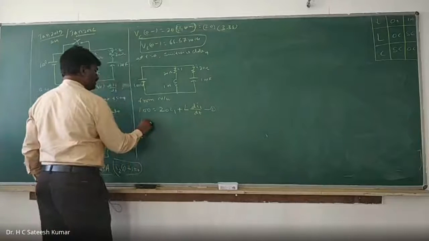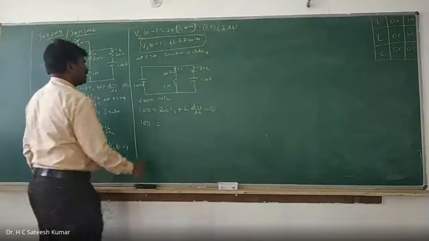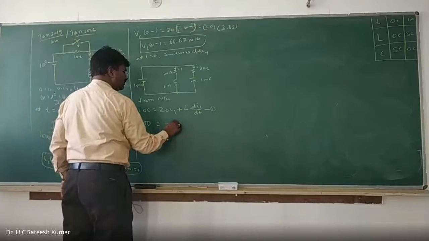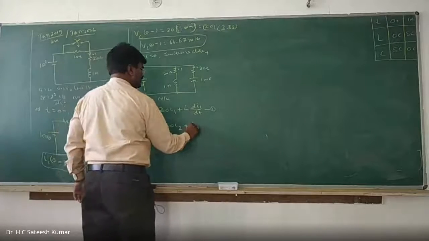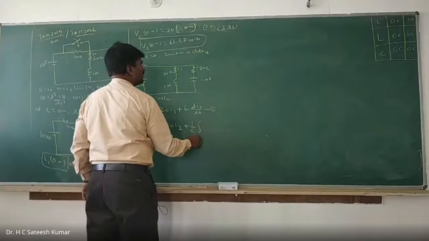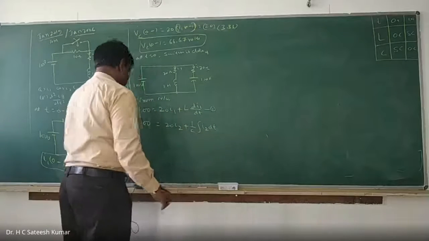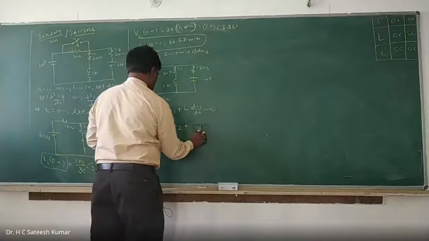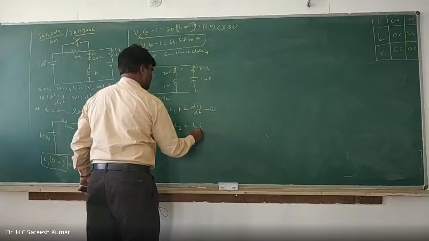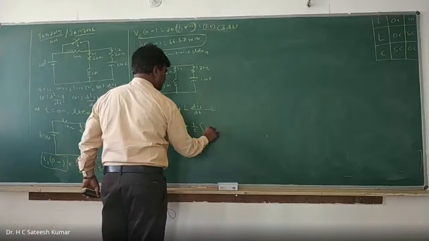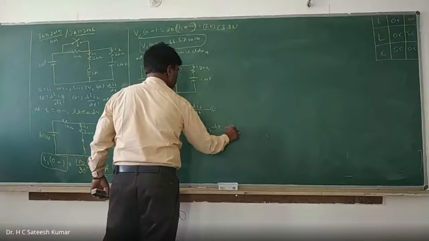Similarly, one more equation: 100 is equal to 20 into I2 plus 1 by C into the integration of I2 dt. Call this equation number 2.